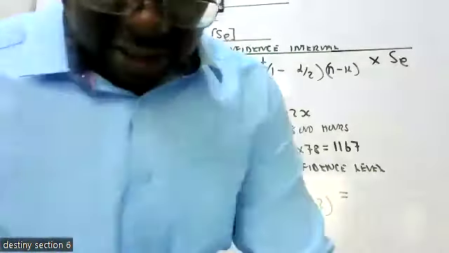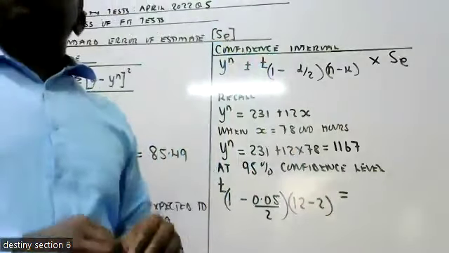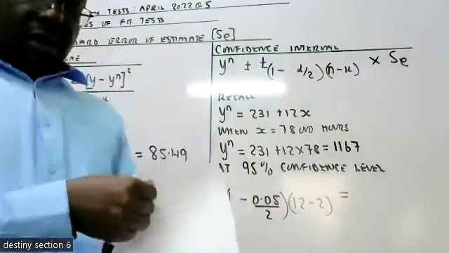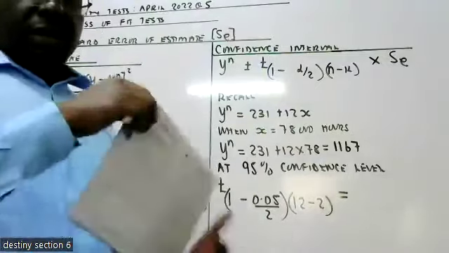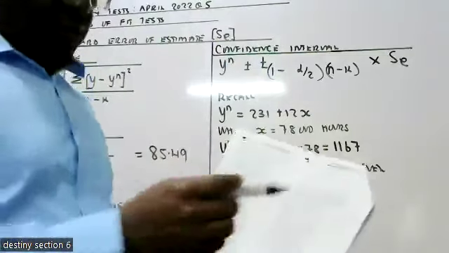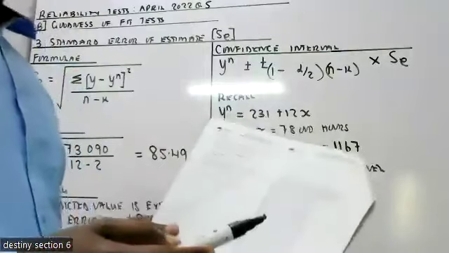So when you go to the t tables, I told you, the students tables, you come here where we have two-tailed confidence.